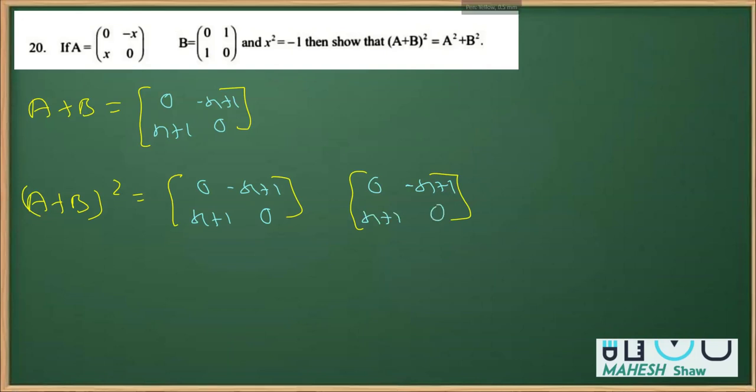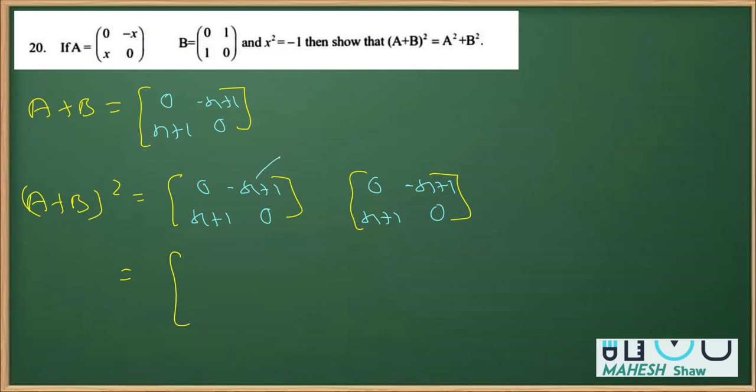Now, if I find its product, the first thing that we do is first row multiplied by first column. So it's 0 into 0 and minus x plus 1 multiplied by x plus 1. We can alternately also take this as 1 minus x, right?